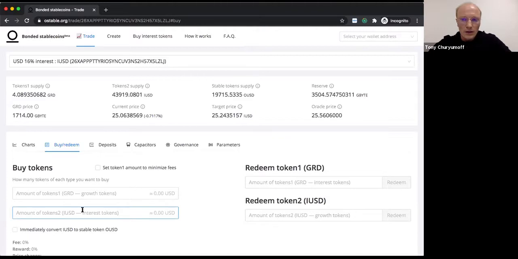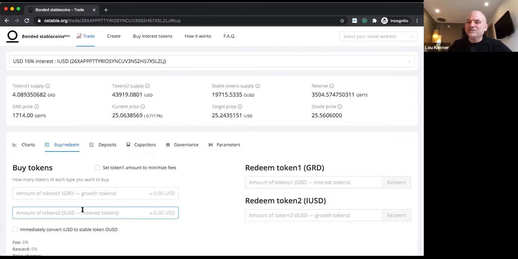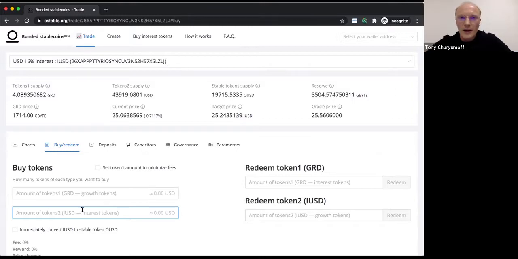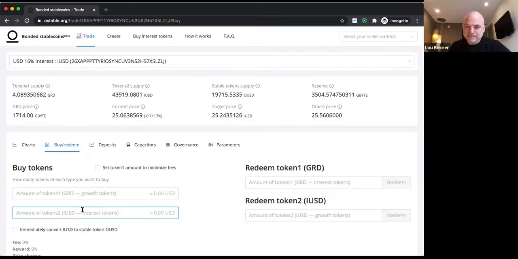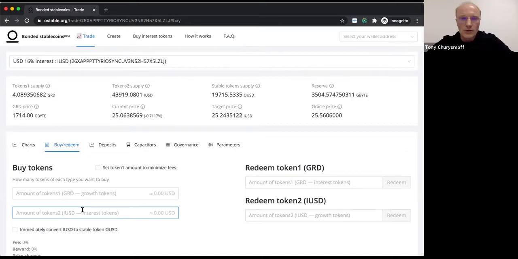Again, the idea of not over collateralizing: there is no collateralizing. You're buying it with other currencies, so there is zero collateralization. Well, I guess the term collateralization is not applicable to this kind of stablecoin because you are buying from a bonding curve.